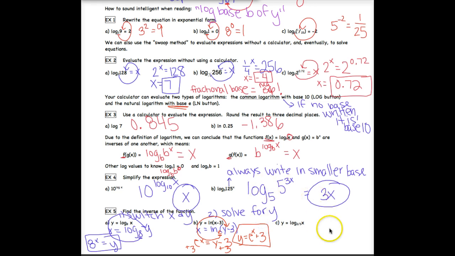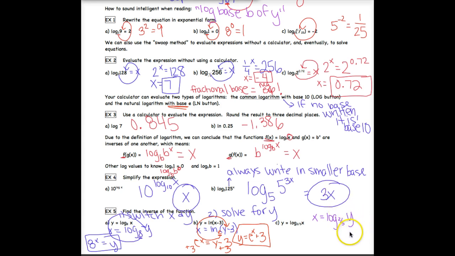Very last one. I would like for you to try it and then unpause to check. All right, so first hopefully you switched x and y. x equals log base 2/5 of y.